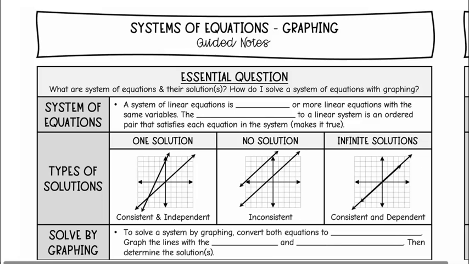Okay. Let's start with the top box. It says a system of linear equations is 2 or more. But for algebra 1, I think we just do 2. 2 is the most we do. 2 linear equations that have the same variables. And the next one is, what you want to do is you're trying to find solutions. And what that means is that you're just doing x equals whatever.